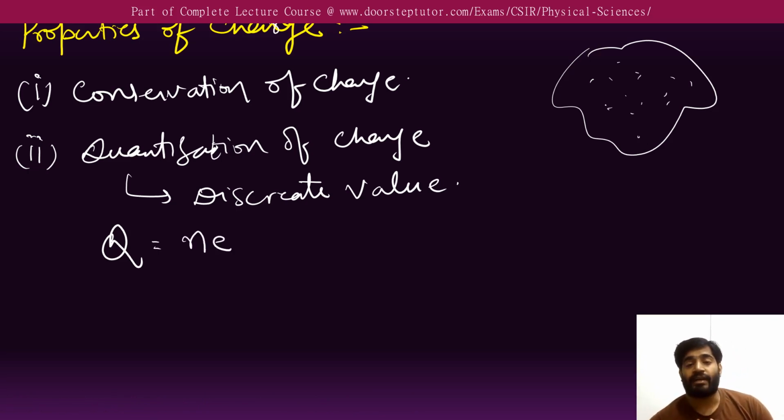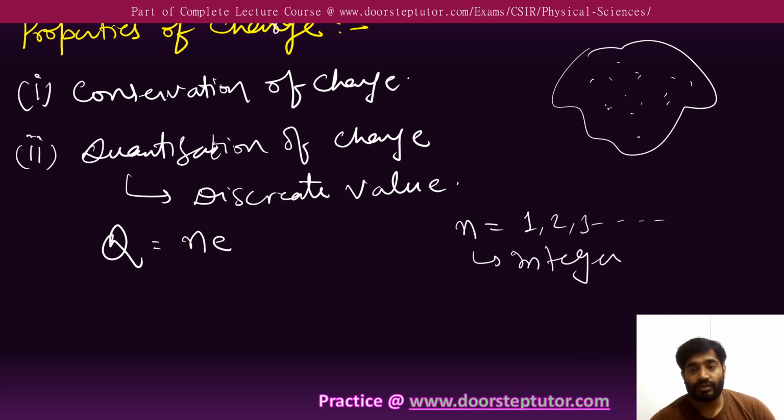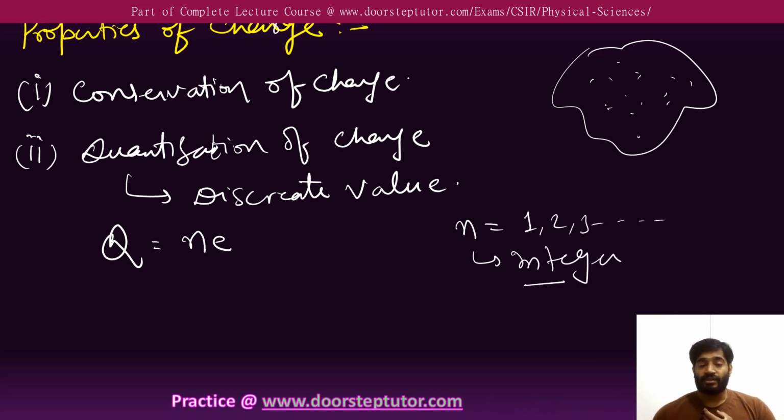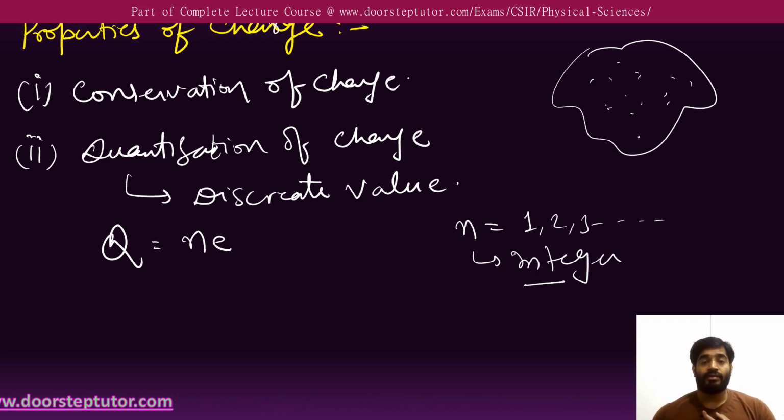Then what is this n? N is always an integer, 1, 2, 3. So it means that charge is not available in fractions, like e/3, e/2, e/7. No, not possible. Charge is always an integer multiple of e, and this property of charge is what we call quantization of charge.